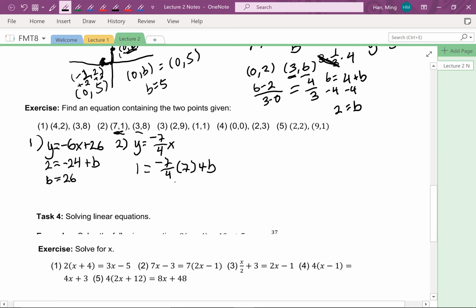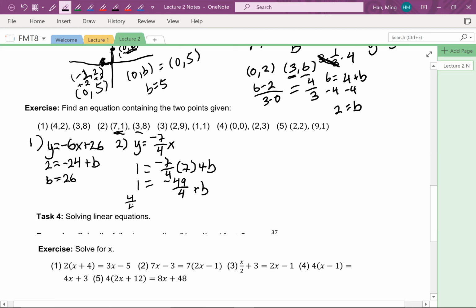So we're looking for b. 1 is equal to, we multiply 7 times 7, which is negative 49, and then we divide that by 4, plus b. Now we can add 49 over 4 to both sides.